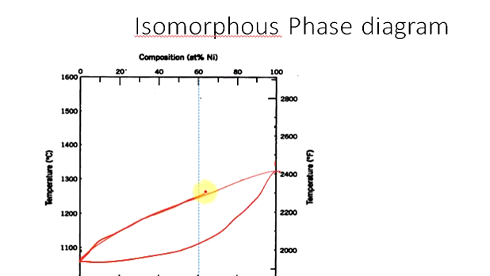So this is how the isomorphous phase diagram looks, and now we have to rely on the combination of the tie line method and the lever rule method, which we have studied earlier, for determining the amount of each phase present in the two-phase region. As we studied earlier, in the tie line method, a tie line is drawn at the specified temperature.